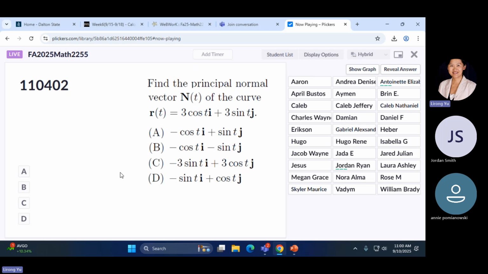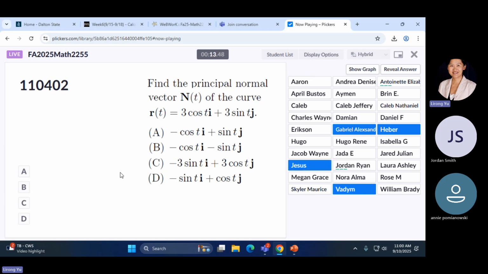Let's try it. If you can calculate it, let me know your answer. If you cannot, I'm probably going to show you the process on the board. The number one thing is that we rule out C because C is not even a unit vector. The unit normal vector or principal normal vector that we're looking for has to be a unit vector.